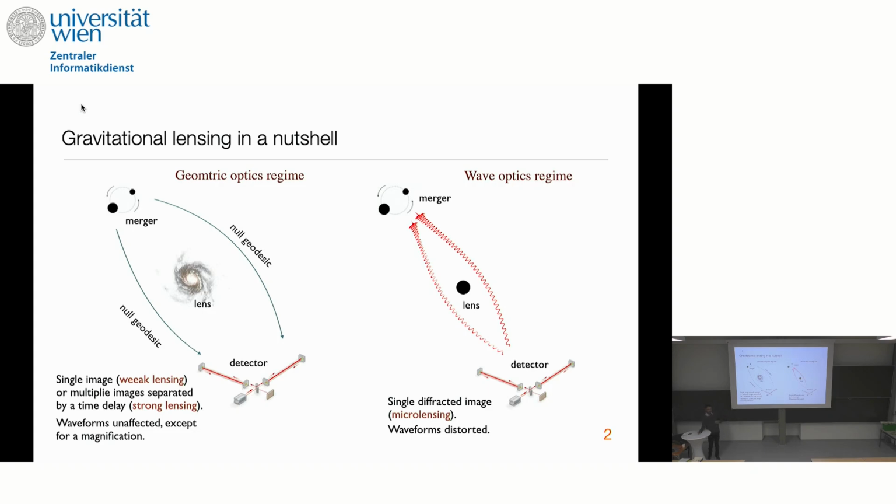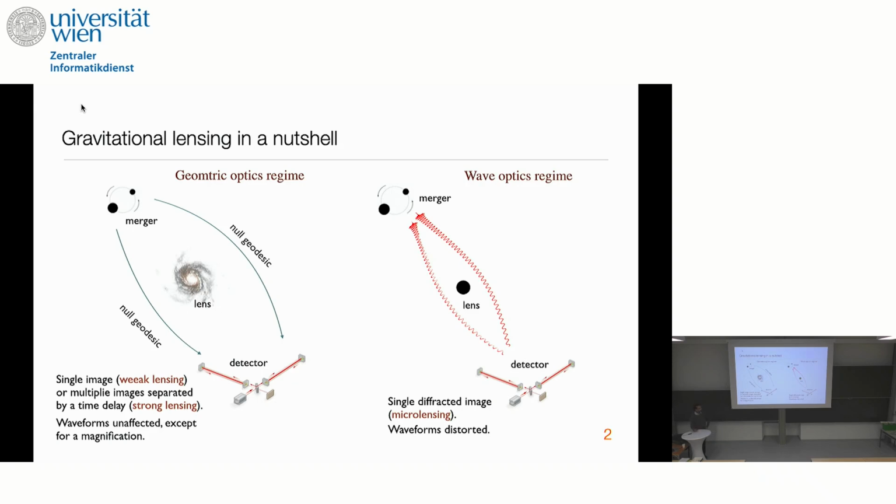So the manifestation of weak lensing of gravitational waves is some small magnification, which is very hard to measure. What is easier to measure is strong lensing, where in the appropriate conditions you can see multiple images. Because these sources are transients, they would be detected multiple times with a time delay that is characteristic of the mass scale of the lens.